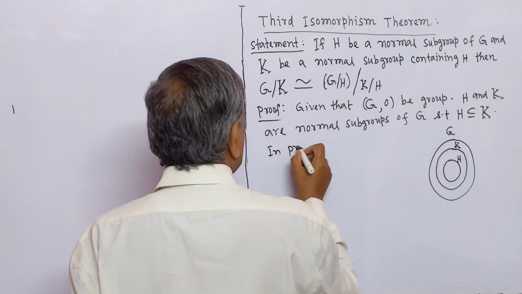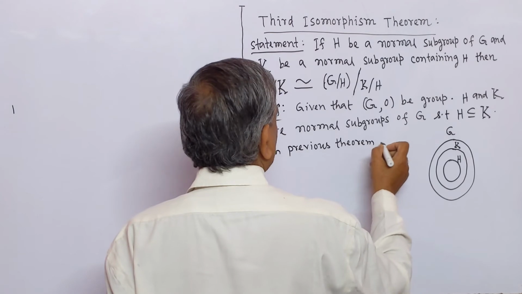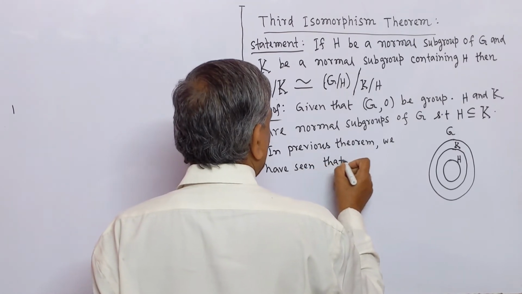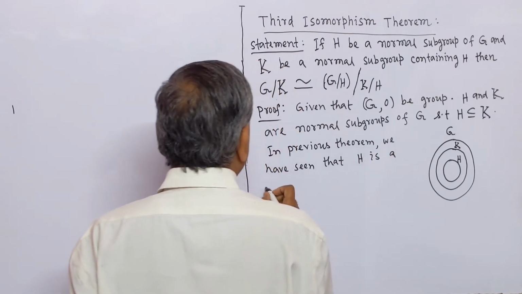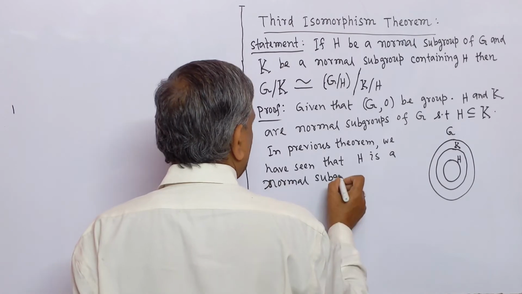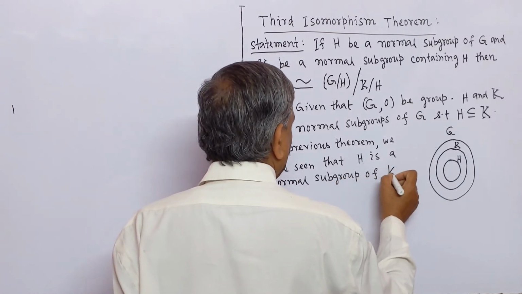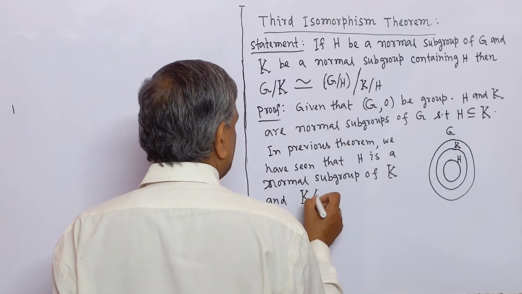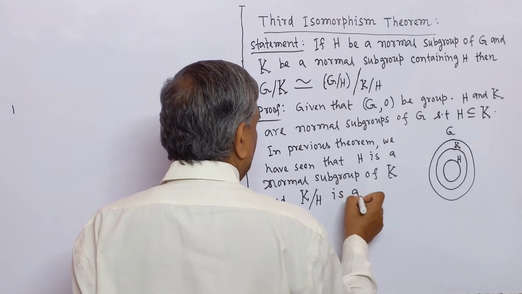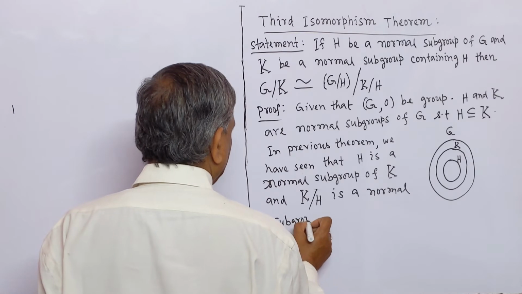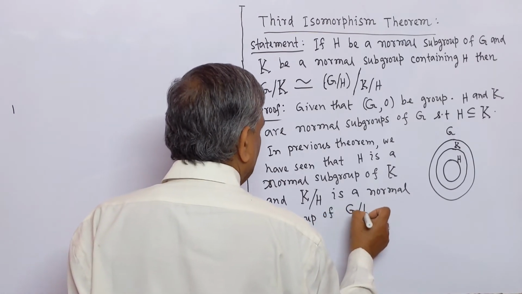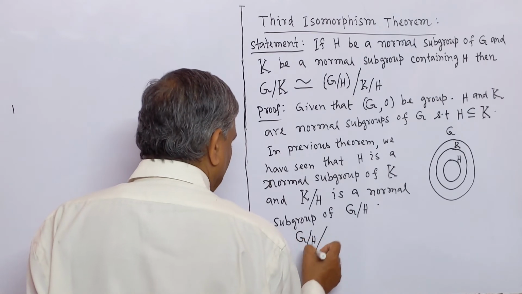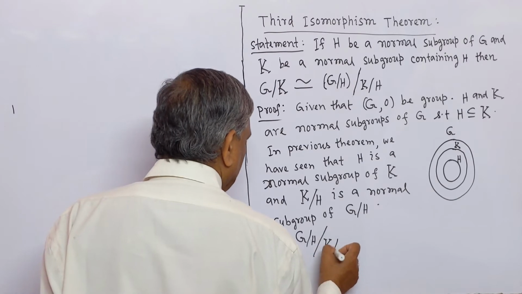In previous theorem we have seen that H is a normal subgroup of K and quotient group K by H is a normal subgroup of quotient group G by H. Therefore, quotient group G by H by K by H exists.